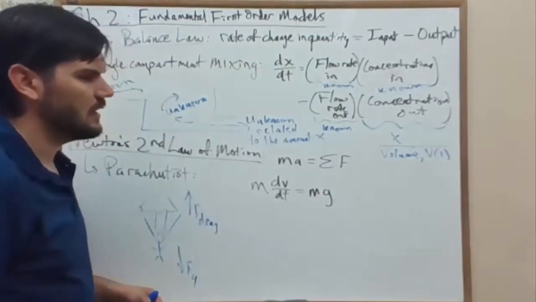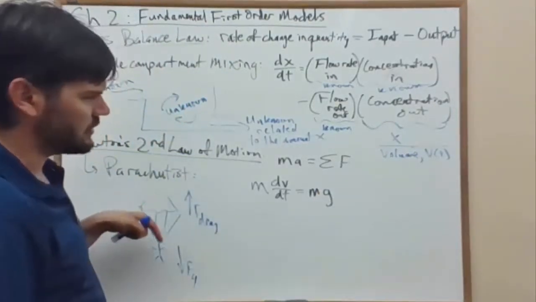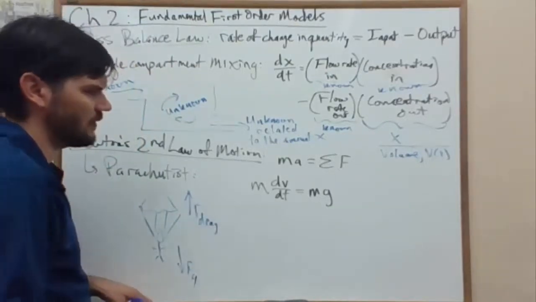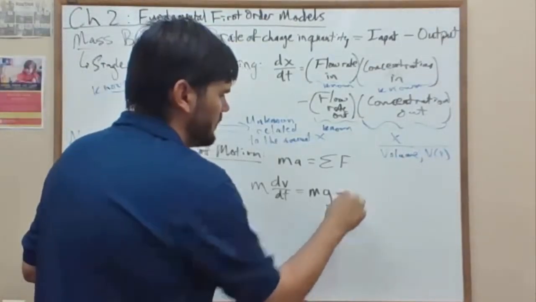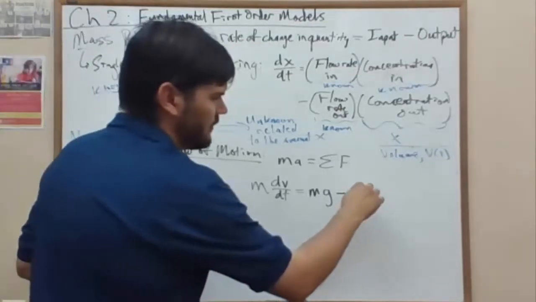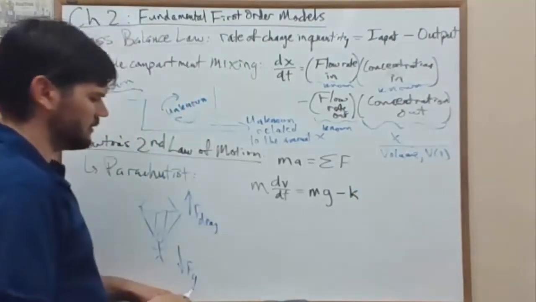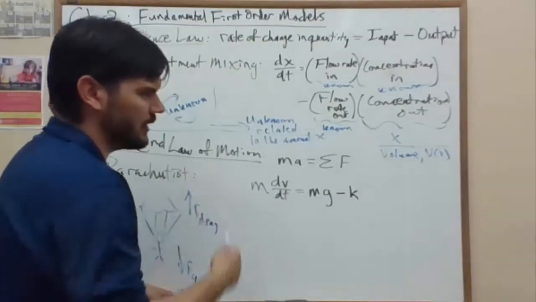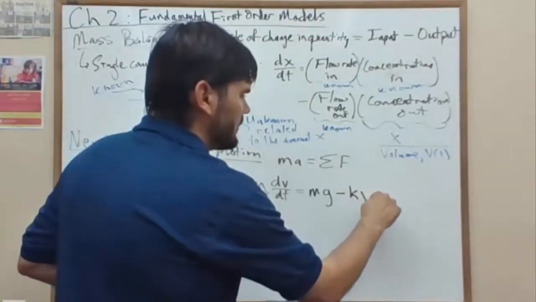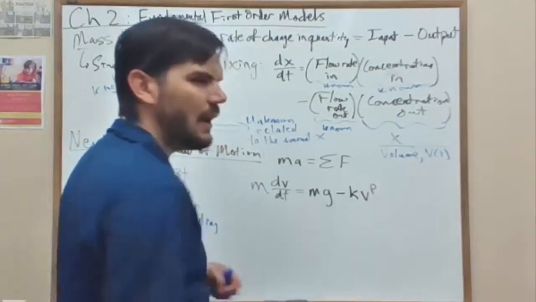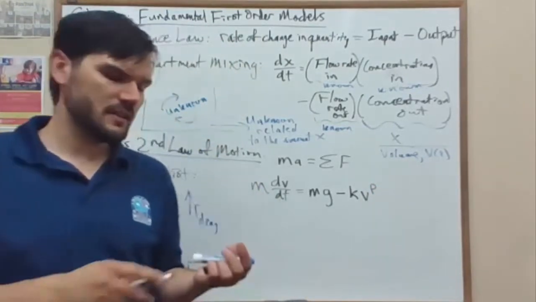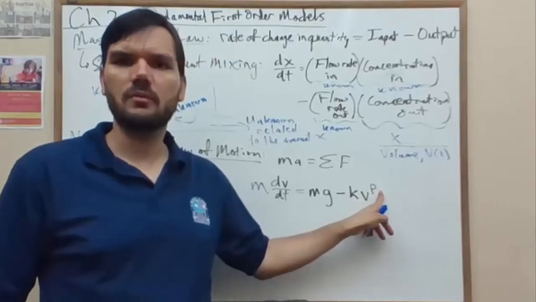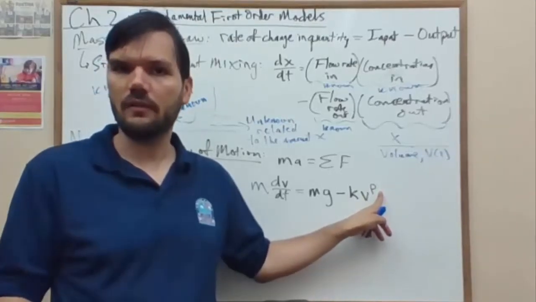If you want to think of it in terms of the parachutist perspective of the ground crushing up at them, minus the force of drag, which would be some multiple related to the area of the chute and the strength of it, times the velocity raised to some power. And depending upon the speed, this power can be between 1 and 2 often.